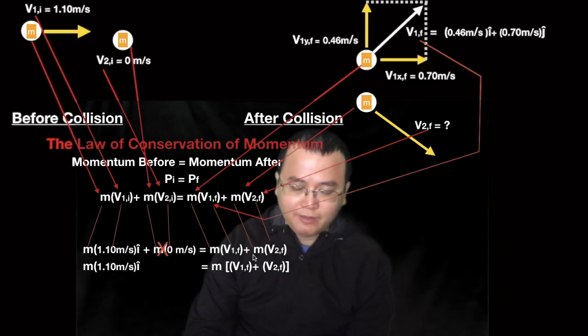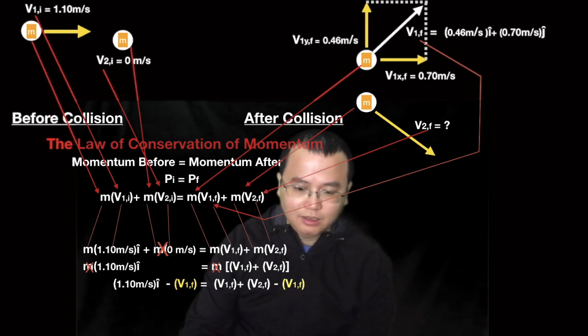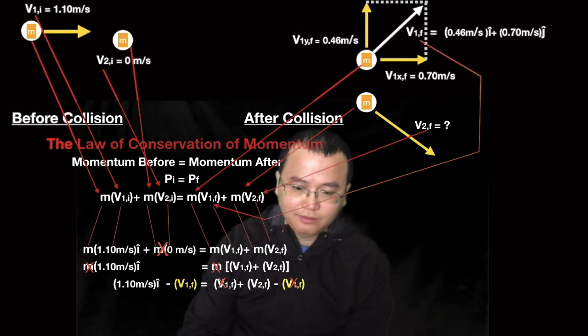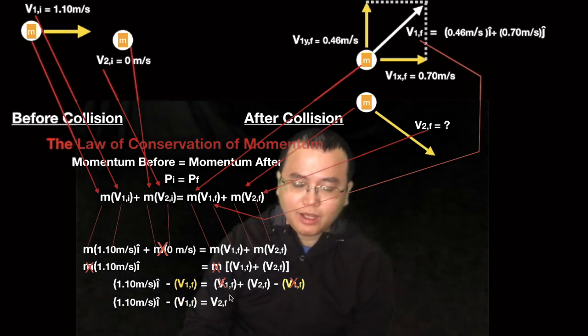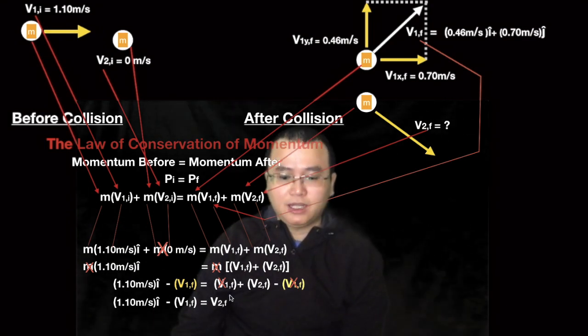I pull out the m from the right side, and next I can cancel out the m from both sides. If I subtract V1F from both sides, I move it from the right to the left, as you can see there. Now I have V2F by itself. V2F is something that I want to figure out in this problem.